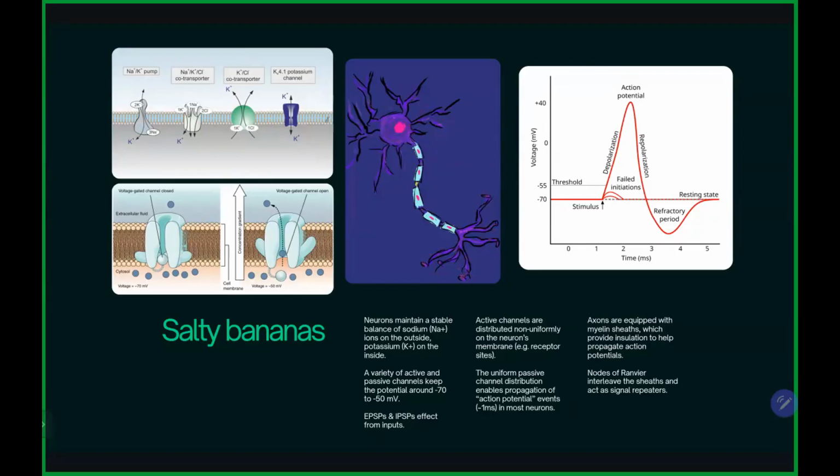And once the voltage gets high enough, the voltage-gated potassium channels will open, and then potassium will flow out of the neuron. So sodium flows in, potassium flows out. That's why we call these like salty bananas. Helps you memorize which way it is. And it brings you back down beyond the baseline that you started at before you had any stimulus. And then the potassium is turned off after a time delay.